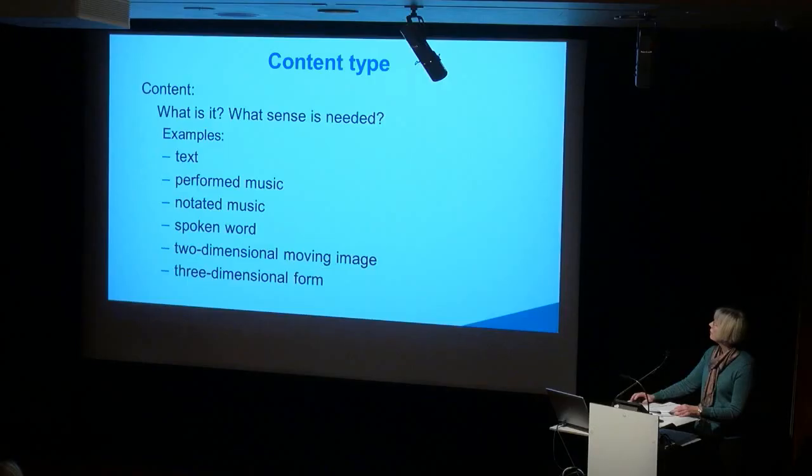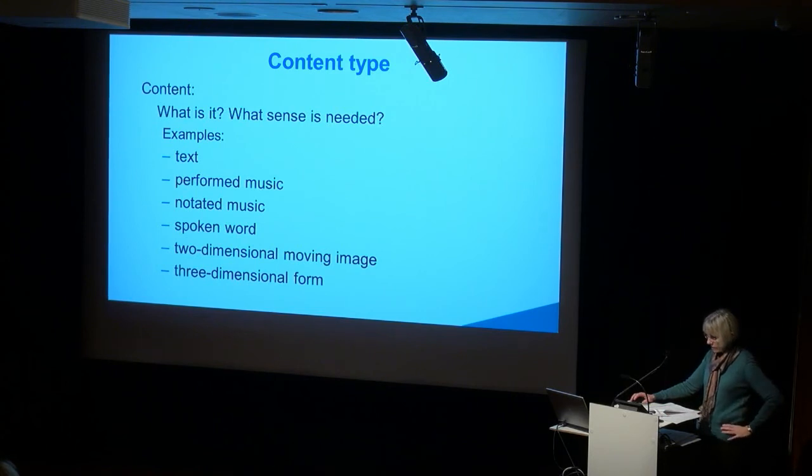So we now have the content, media and carrier type. So what's the content type? Content has to do with what something is, what sense is needed to experience it. And there's a few examples there. So text, so you're looking at a book or something that is text-based.